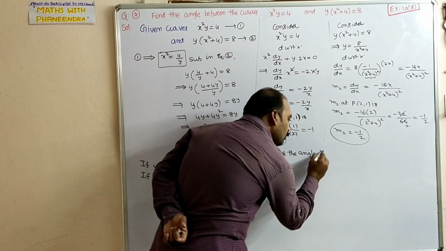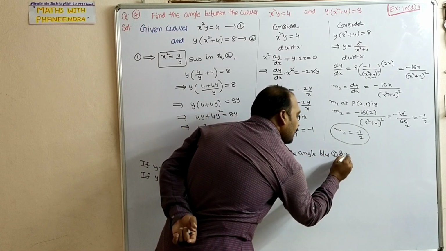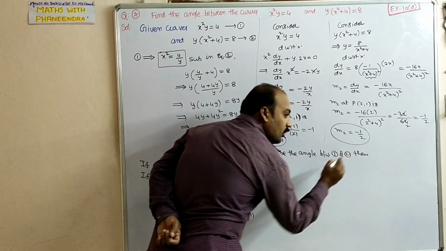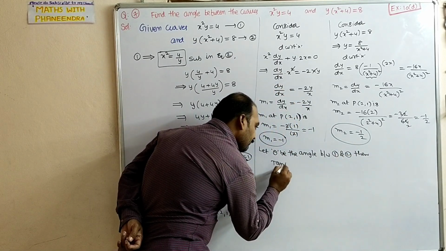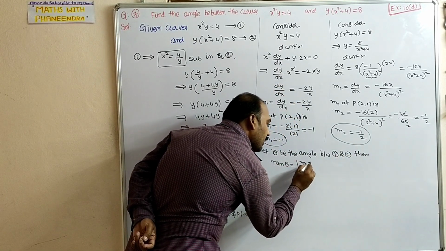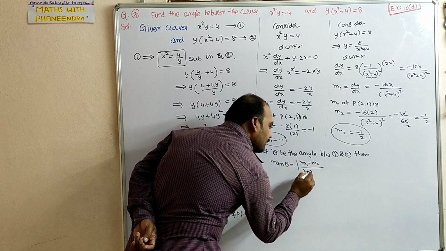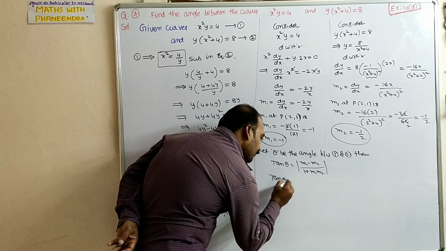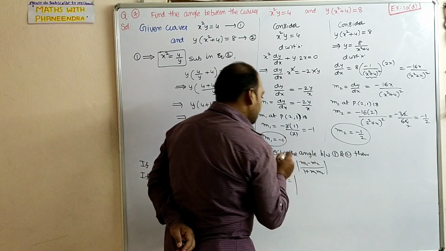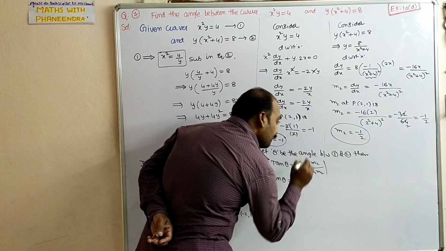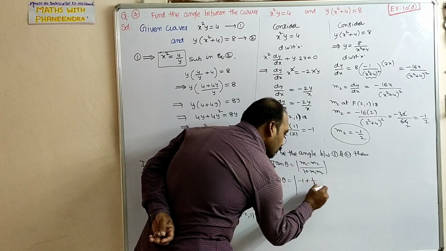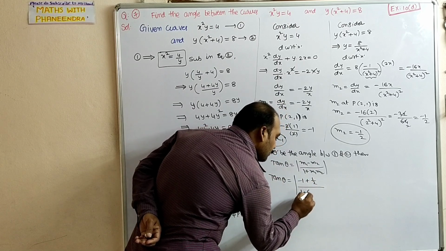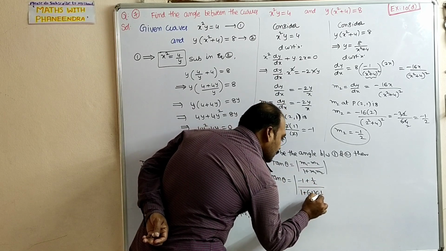Let theta be the angle between 1 and 2. Then tan theta equal to mod of m1 minus m2 by 1 plus m1 m2. So tan theta equal to minus 1 minus of minus 1 by 2, that is minus 1 plus 1 by 2, divided by 1 plus m1 m2, minus 1 into minus 1 by 2.